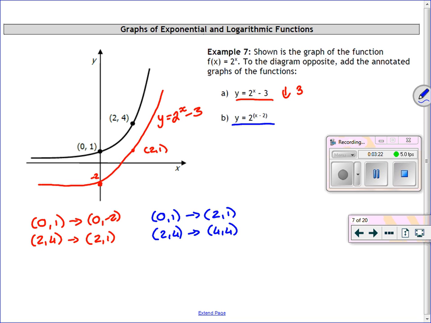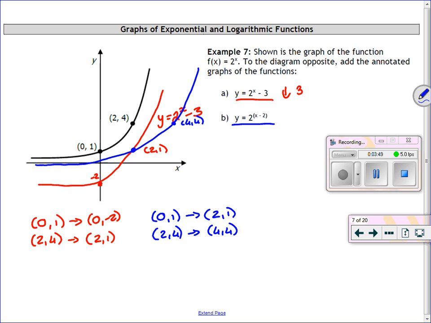So let's transform that then. 0, 1 goes to 2, 1, we already have that there, and 2, 4 goes to 4, 4. And I'll draw that approximately here. And then we just sketch the graph.